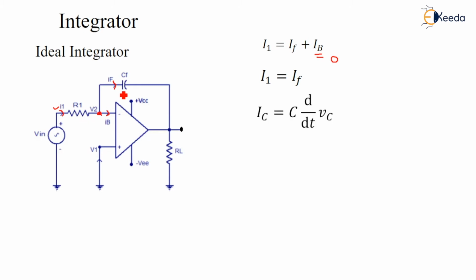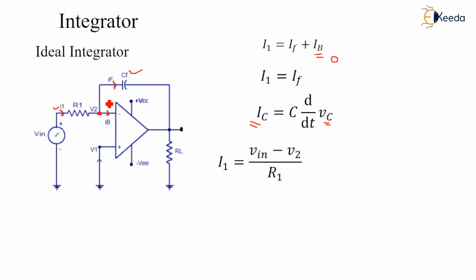But we know the relation between the voltage across the capacitor and the current through this capacitor: IC is equal to C into dVc by dt. This dVc is nothing but the voltage drop across this capacitor, and IC is equal to IF itself.